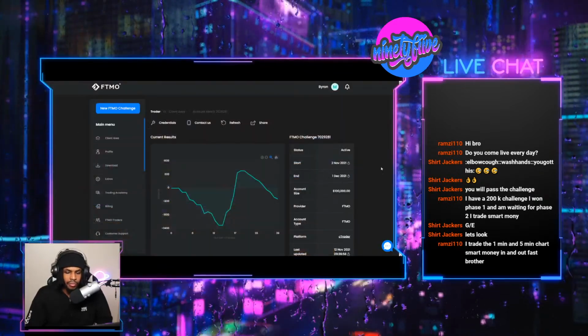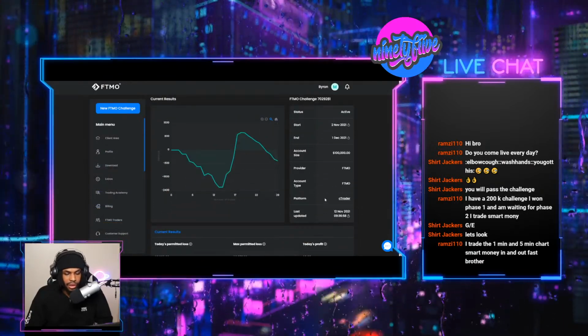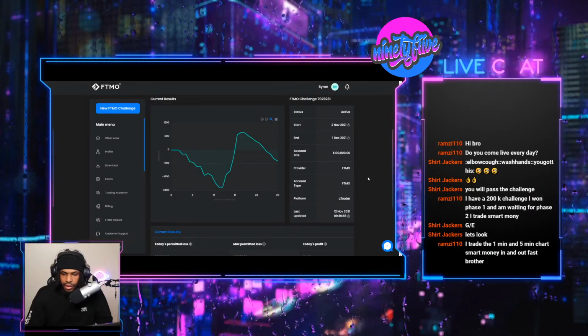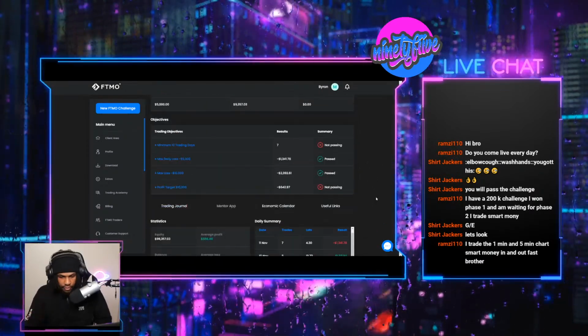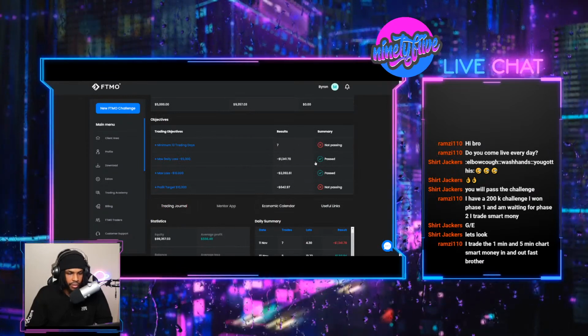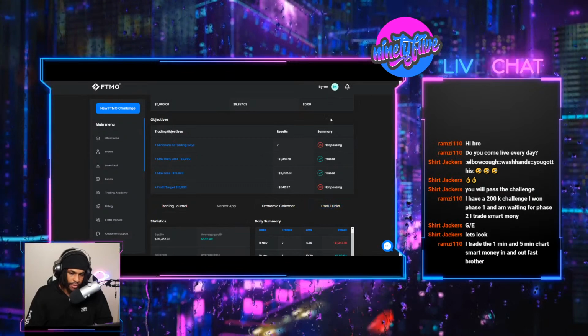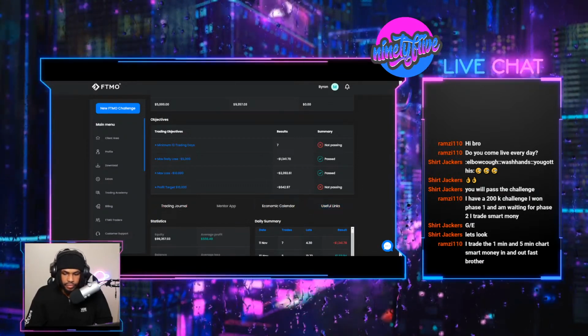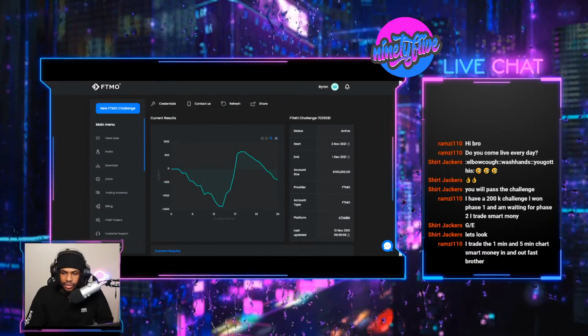If I'm still at break even, I'm gonna just leave it in profit, and that way I get the free retake, because I haven't violated any of the other rules, so I should get a free retake if I'm still in profit. So that's what's gonna happen if I can't get that push to 3K or so.